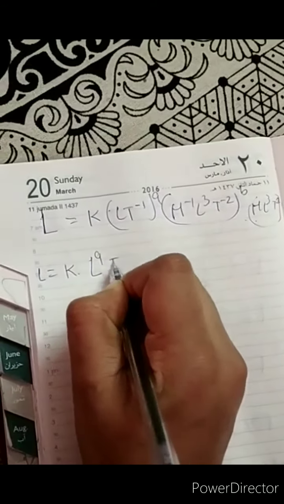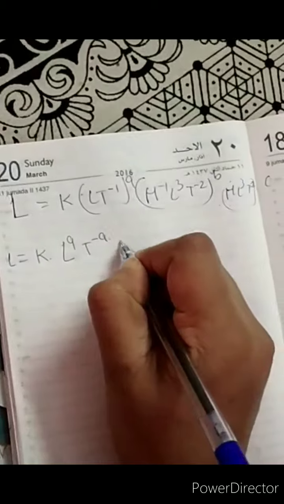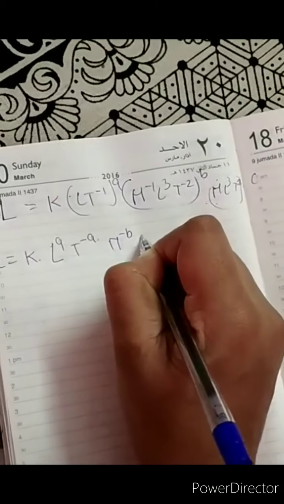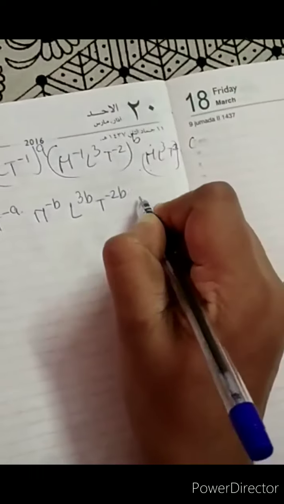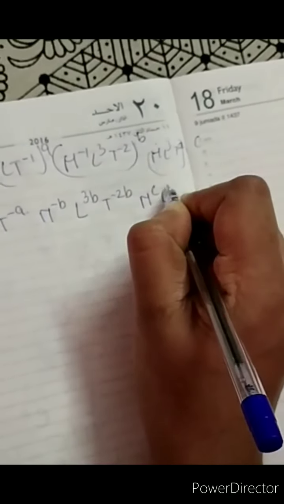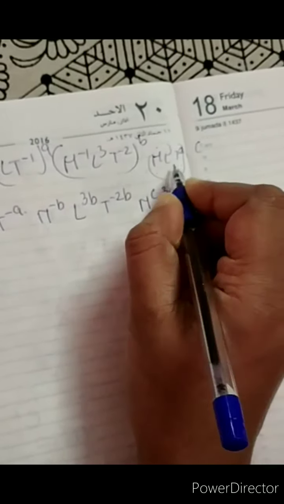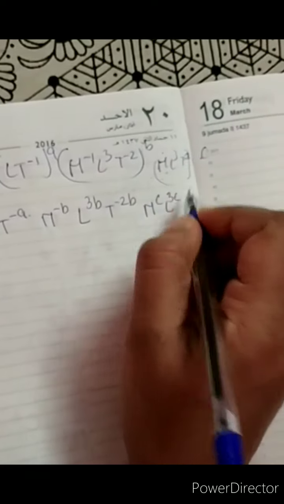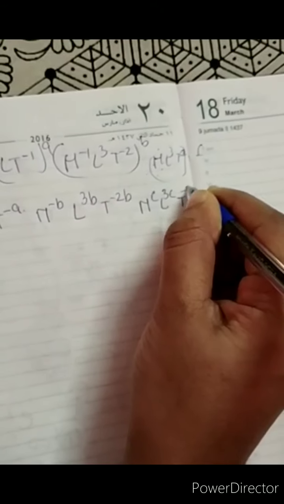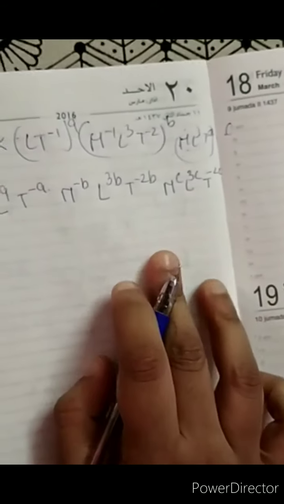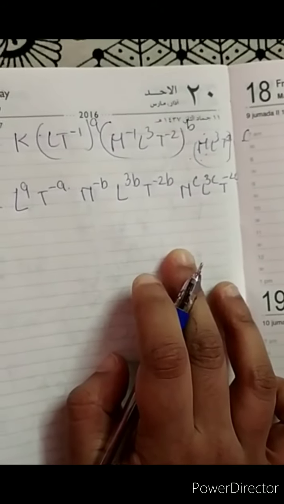L to the power A, T to the power minus A, M to the power minus B, L to the power 3B, T to the power minus 2B. Here M to the power C, L to the power 3C, and T to the power minus 2C.